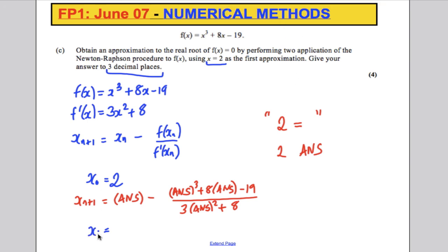And then just by pressing equals again, it works it out for us. So x2 would be 1.729. Remember, we're going to 3 decimal places, and therefore we're done. That's the benefit of doing it this way, especially if it asks you to work out x1 to x6 or something. This is a great method.